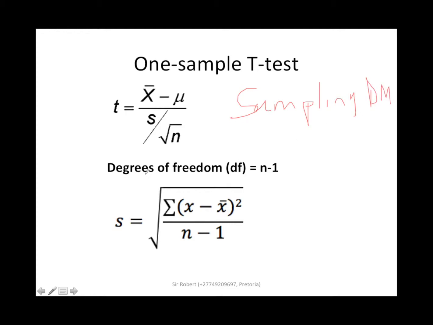But now, because we are doing the t-test, we incorporate the degrees of freedom. So when you are calculating your standard deviation, you use n-1 to incorporate the degrees of freedom. If you just use n, you are not going to get the correct standard deviation. So make sure you use n-1.